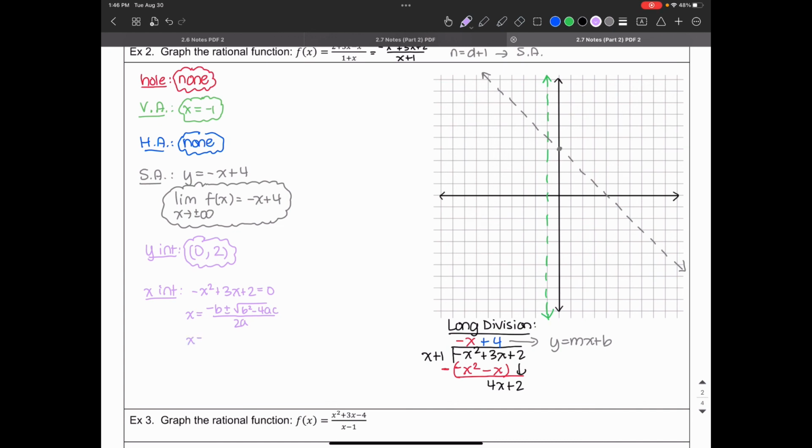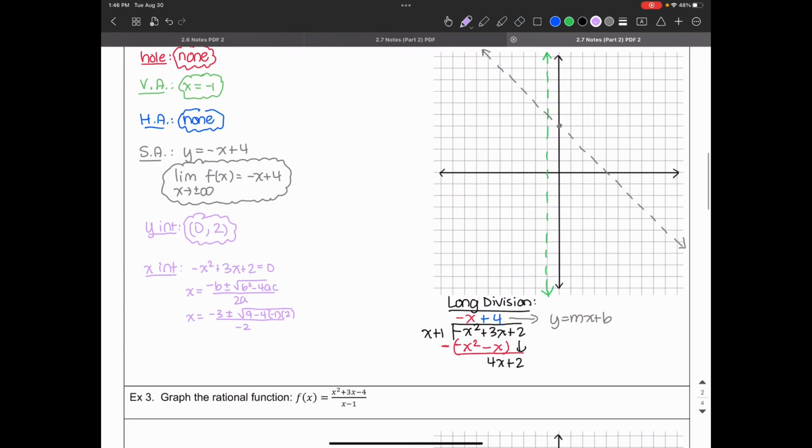And so when I plug that stuff in, I'm going to have negative 3 plus or minus the square root of 9 minus 4 times negative 1 times 2, all over 2 times negative 1, which is negative 2. And if I simplify that, it's going to be 3 plus or minus the square root of 17 all over 2.